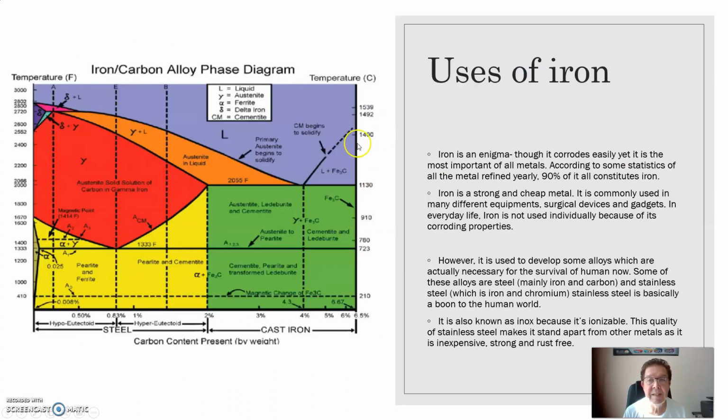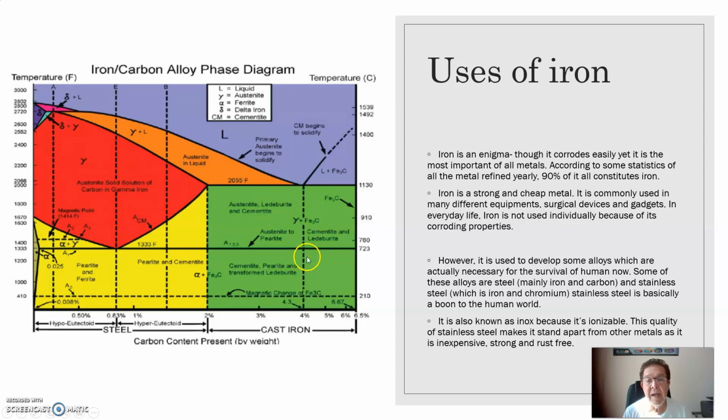Here you can see that we can divide the iron alloys that contain certain amounts of carbon into steel, when they contain less than 2% of carbon, and cast iron, when there is more than 2% of carbon in the iron alloy.